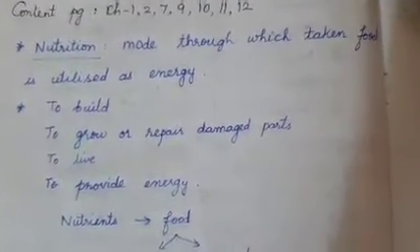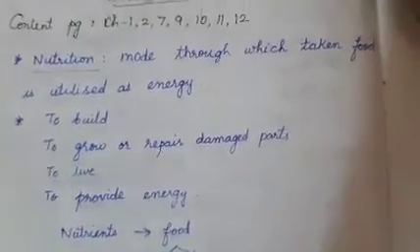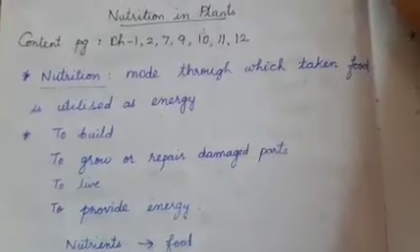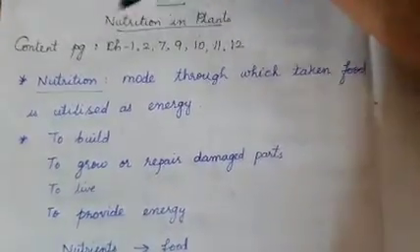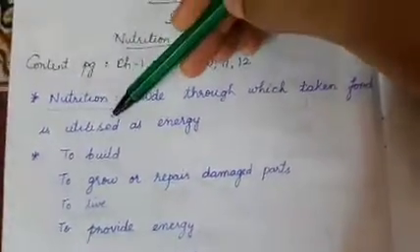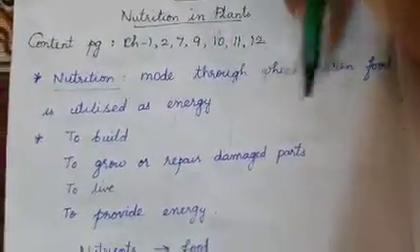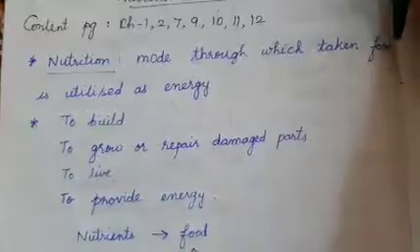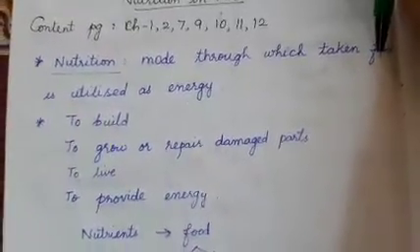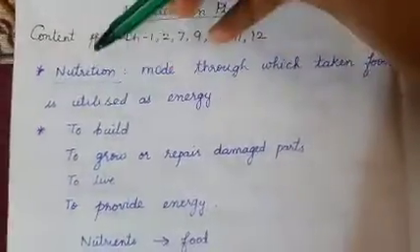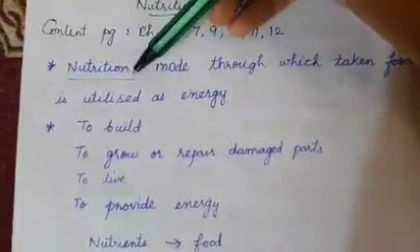And if I get the absorbed energy, only then I can do my work activities. So how do I get the energy to do all my work from the food? That utilization is through nutrition.